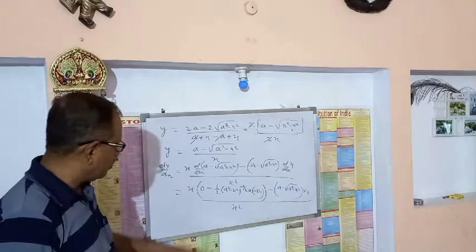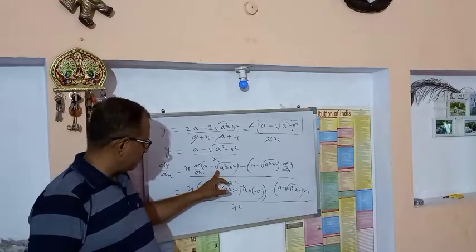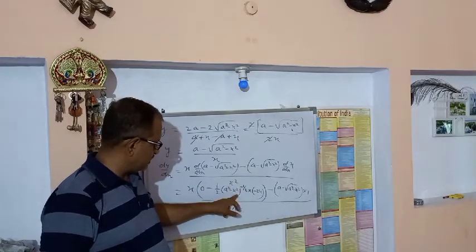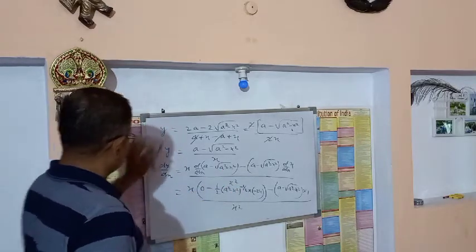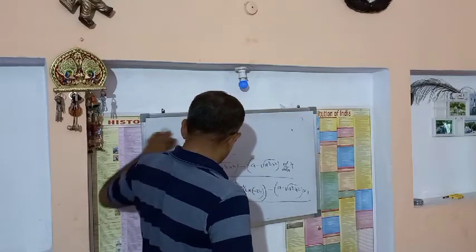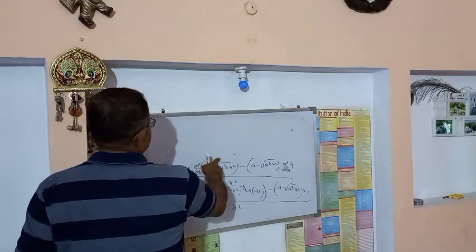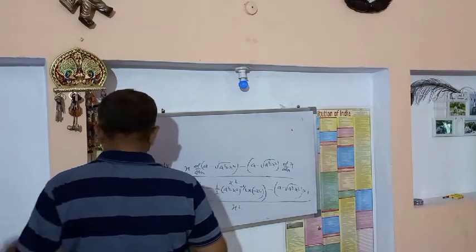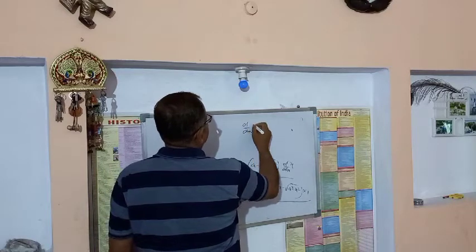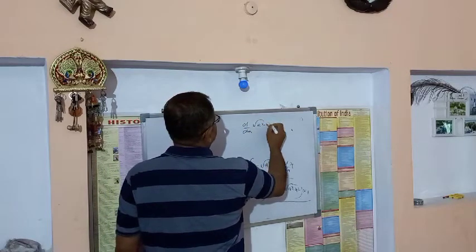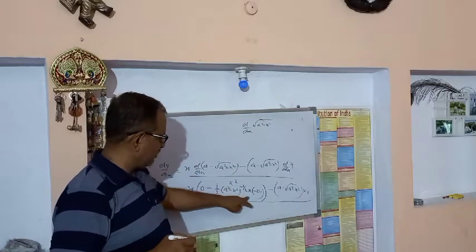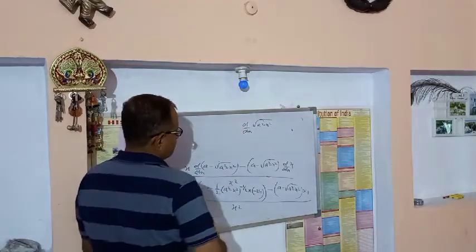Okay, let us see how I have written here the derivative of this one. Derivative of root a square minus x square, we have written like this. So how did it come?